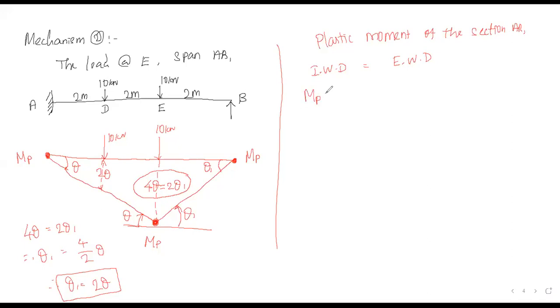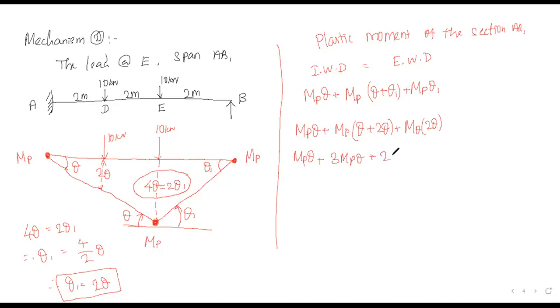So at support A, mp theta, then under the load mp into theta plus theta 1, then at support B mp theta 1. So theta 1 I am going to change in terms of theta. So mp theta plus 3 mp theta plus 2 mp theta. So 5 plus 1, 6 mp theta on the left hand side.